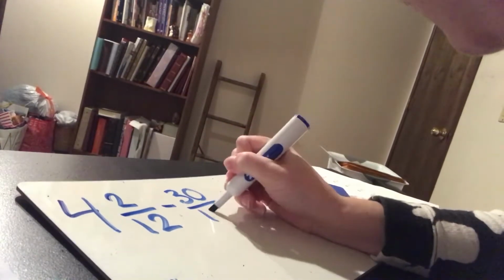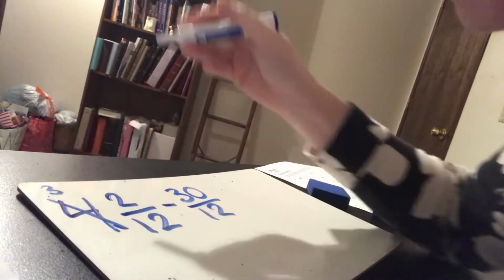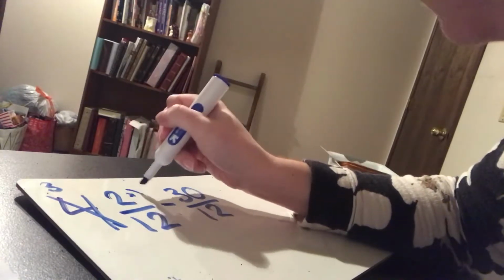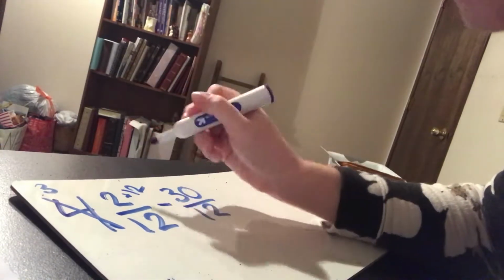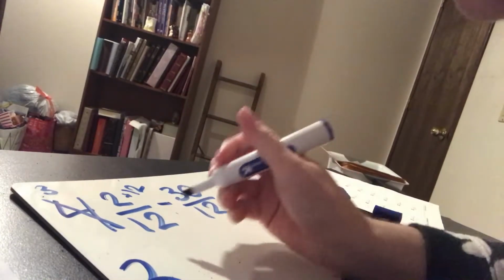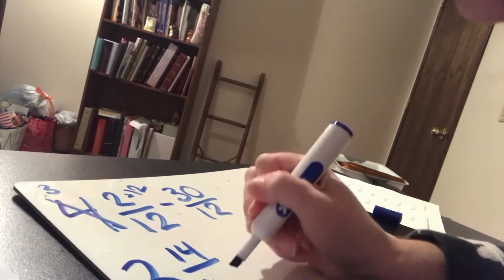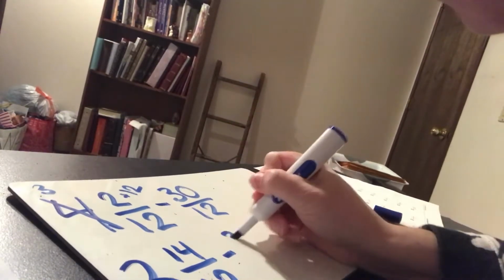So what I would need to do is I would need to borrow against this 4, this whole number. So cross that out, write the 3. I'm going to add 12 to the top because I know that 12/12 represents one whole. So then my new fraction would be 3, and 2 plus 12 is 14/12 minus 30/12.